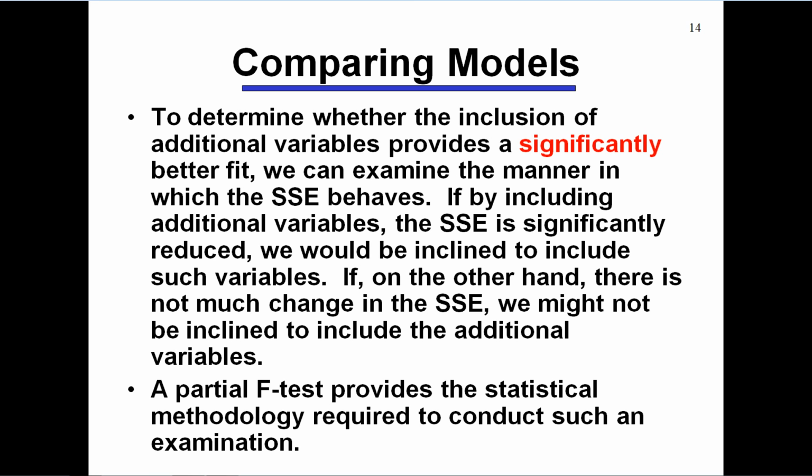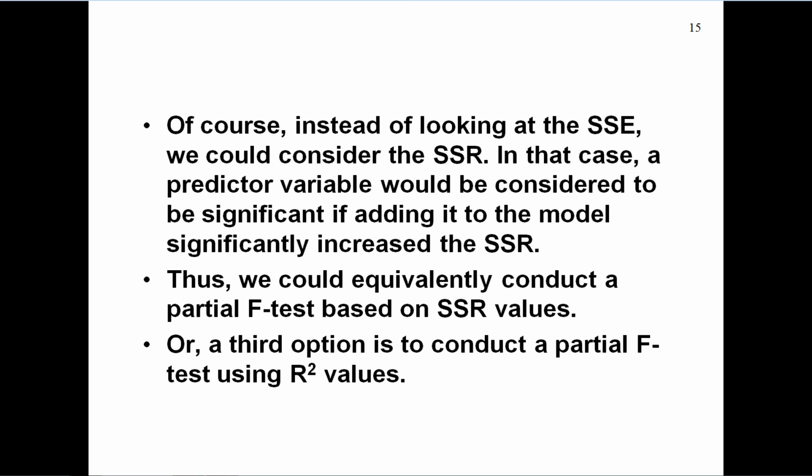On the other hand, if including an individual or a block of predictor variables in a model that already contains some other predictor variables does not appreciably decrease the sums of squares error, then it's not worth having those additional variables in the model. Say that to yourself. Understand the logic behind the test, and then being able to conduct the test will be a much simpler thing to do.